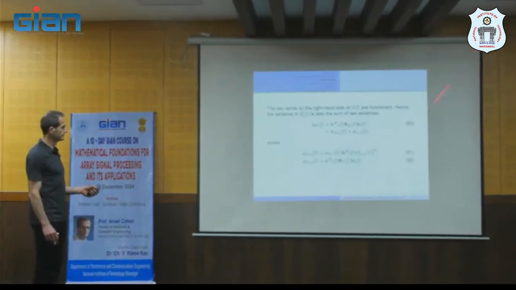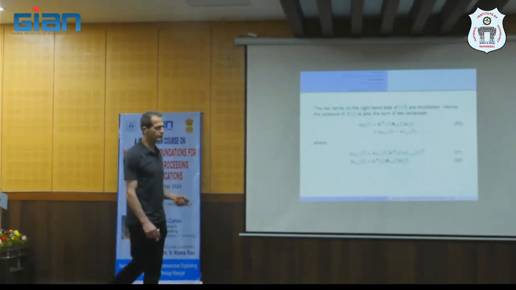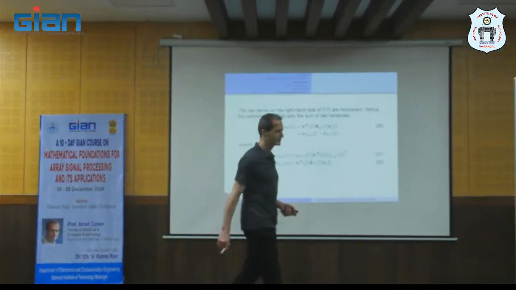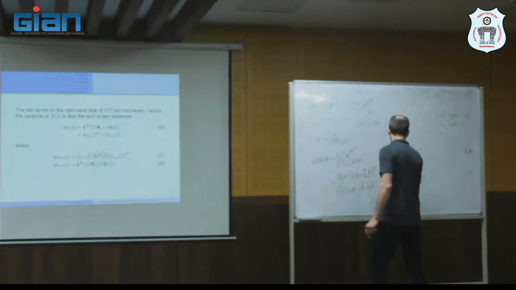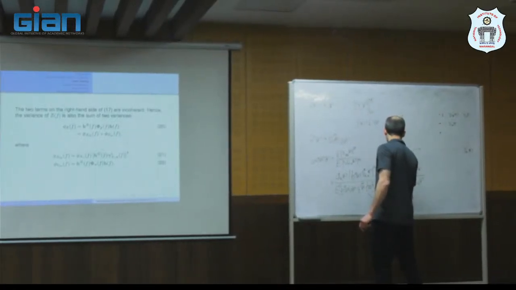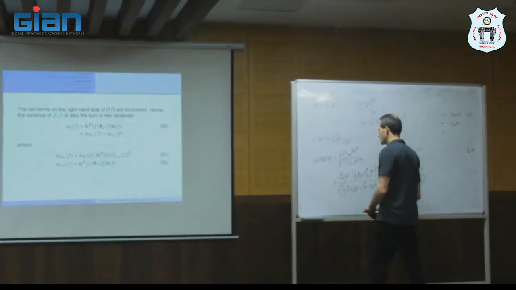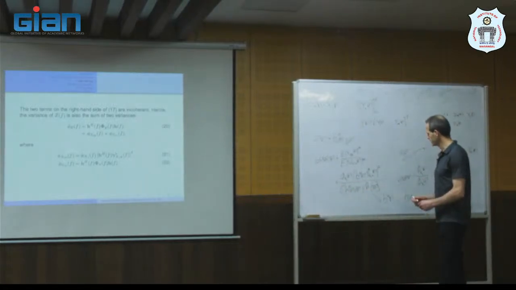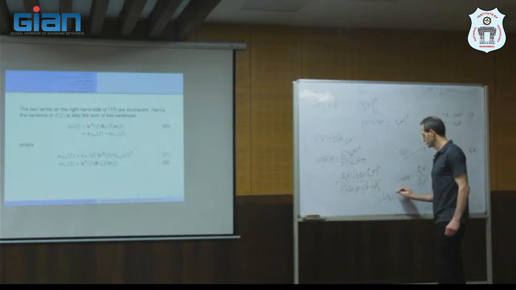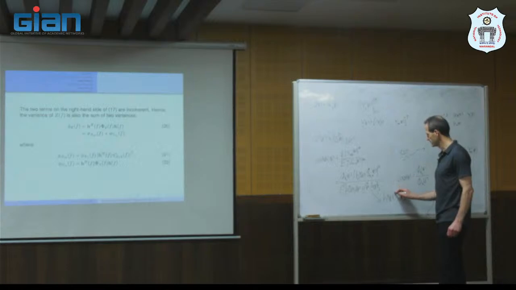Or, sorry, instead of R, because we work in the frequency domain, we call it phi. The correlation matrix in the frequency domain we call phi, to make a distinction between time domain and frequency domain. So it's a matrix phi Vf.